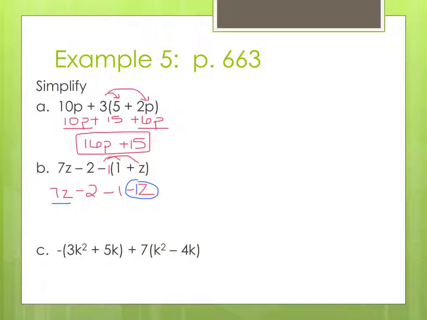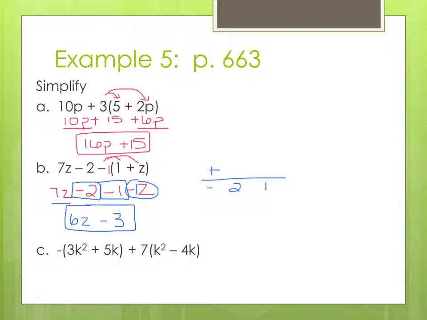So that's a minus 1z. So 7 minus 1 is 6. And then negative 2 minus 1. There's no pairs that cancel, so I have 2 negatives and 1 negative gives me 3 negatives.